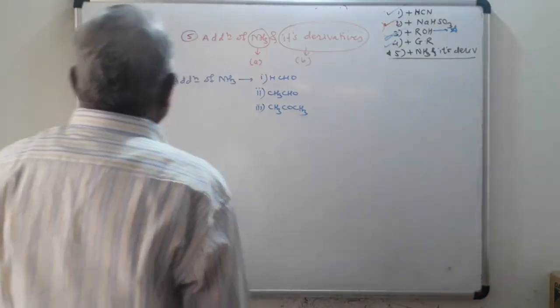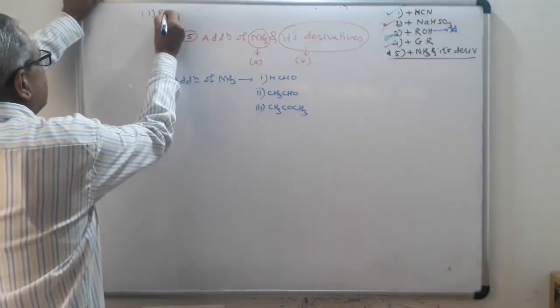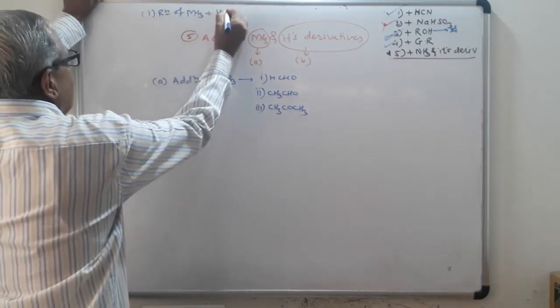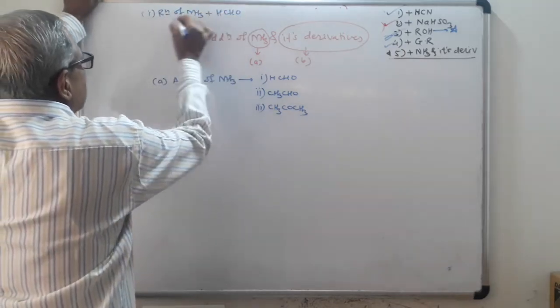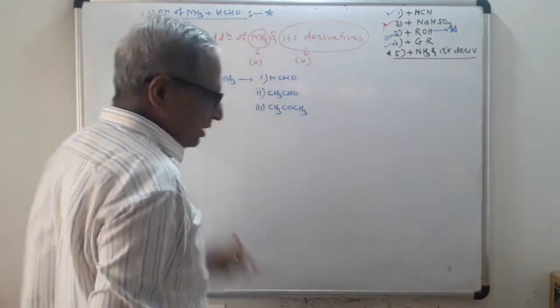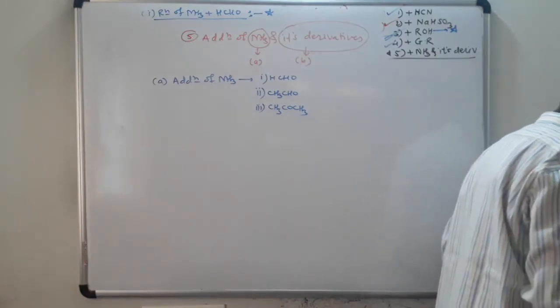So, first reaction of ammonia with formaldehyde, HCHO. This reaction is very, very important. So I will explain that reaction in detail.